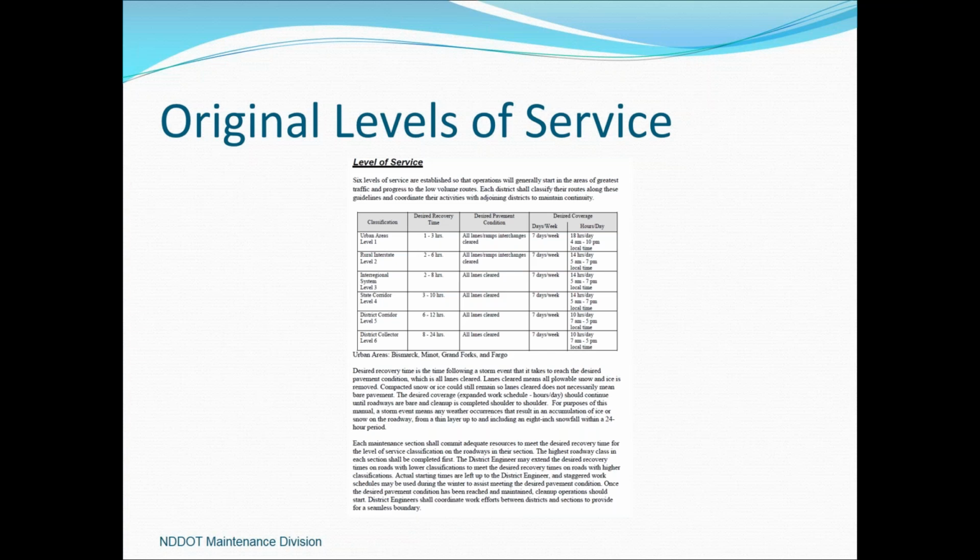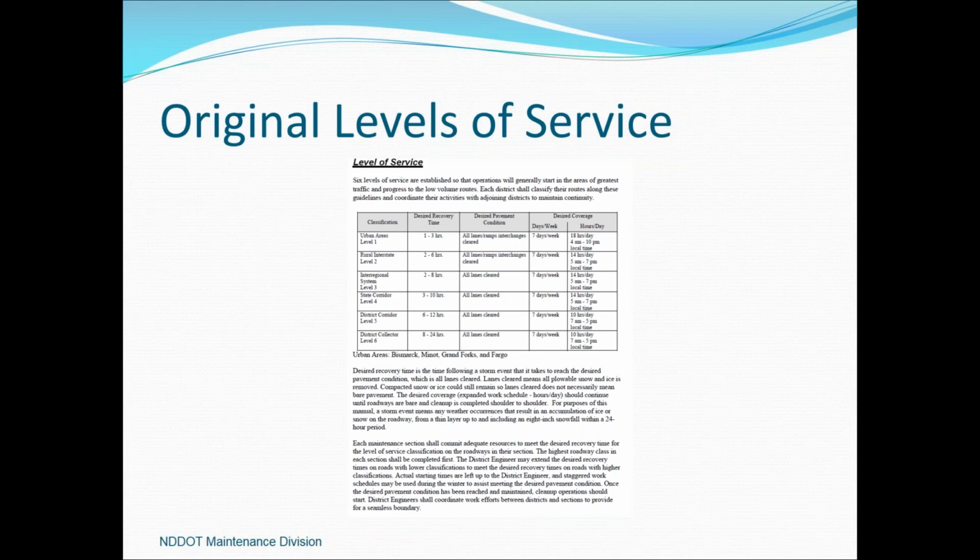Also going into this project, we had a level of service borrowed from an adjacent state. I won't name them, but basically our levels of service were just based on a desired recovery time, looking at a 4-inch event, and then how many hours a day we'd be out there on the highways.